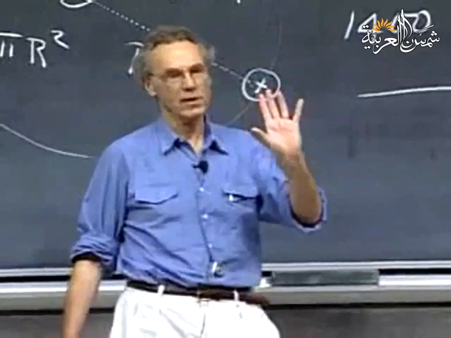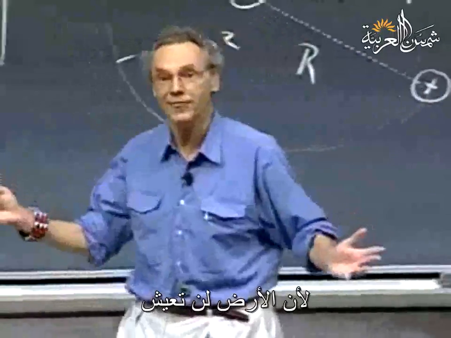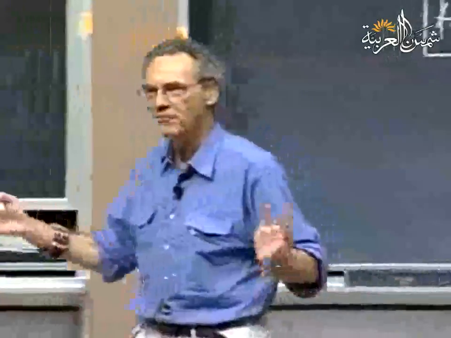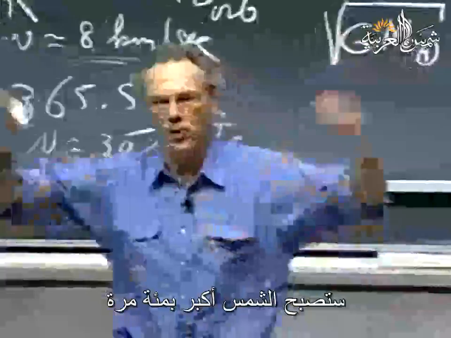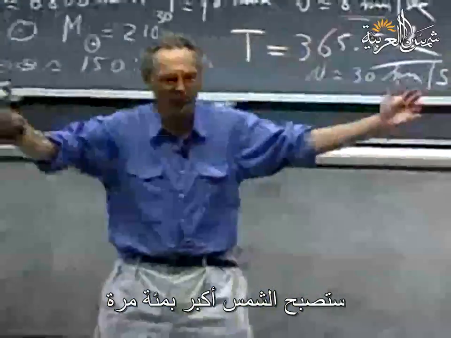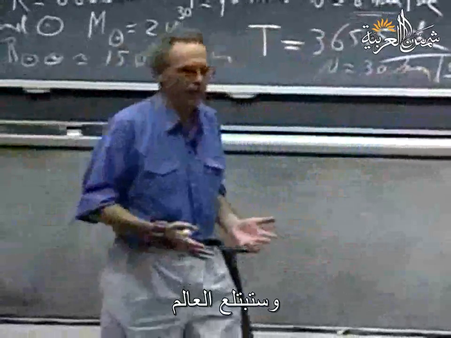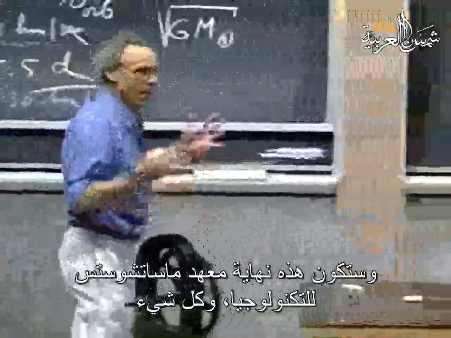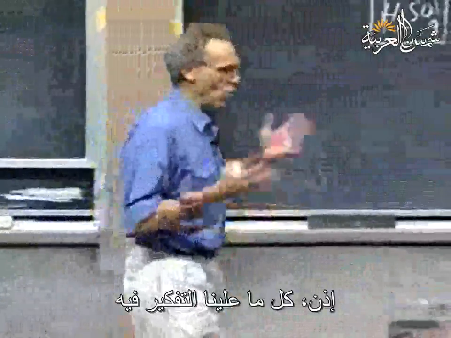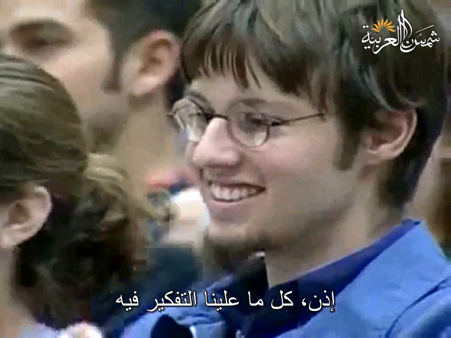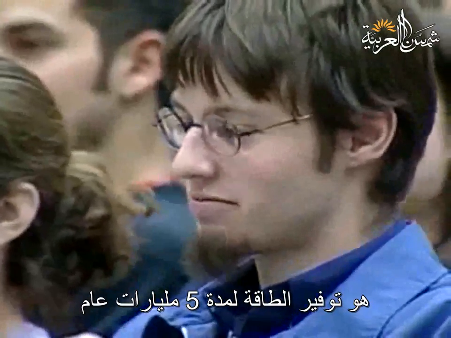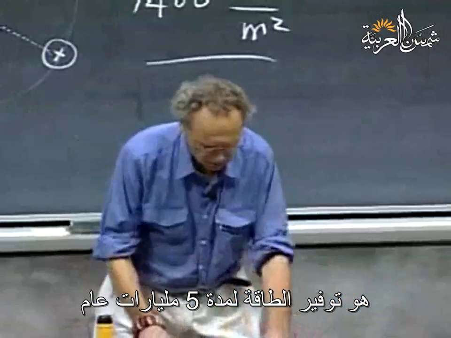All the worries are over. Because the Earth is not going to survive for any more than 5 billion years. 5 billion years from now, the sun will become 100 times bigger than it is now, and it will just swallow up the world, and it will be the end of MIT, of everything. So, all we have to think of is in terms of energy for about 5 billion years.